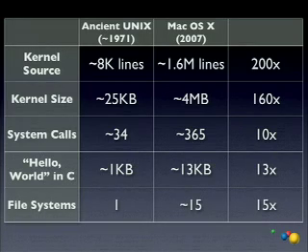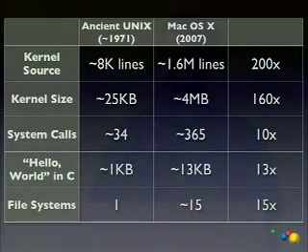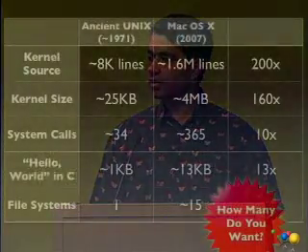Another thing is that since we were talking about file systems, Unix just had one file system and it was fine. It was good enough for the people who used it. And depending on how you count it, Mac OS X has like 15. Certainly more than a dozen, but 15 is a good number. So it would be helpful to see how we got from 1 to 15 and why 15 are not enough and why you want more.